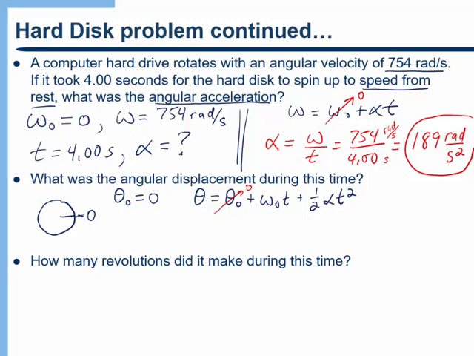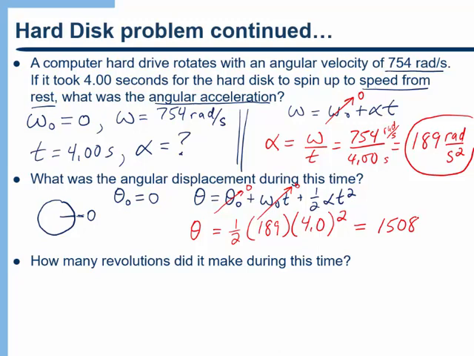We also remember that omega naught is 0, so we get rid of that central term. And we now just have to plug in. So we get theta is equal to 1/2 times the angular acceleration of 189 times 4 seconds, and we've got to square that. If you calculate that, you're going to get 1508.